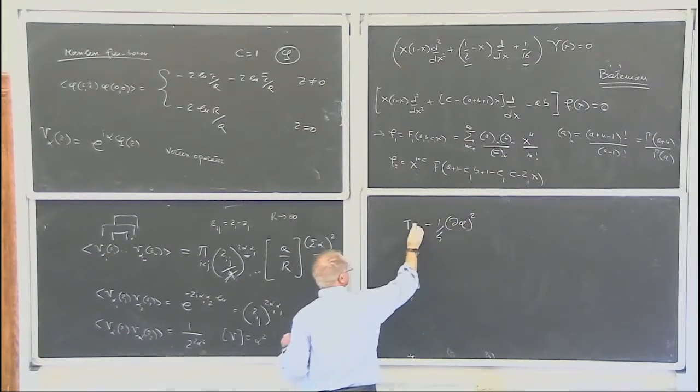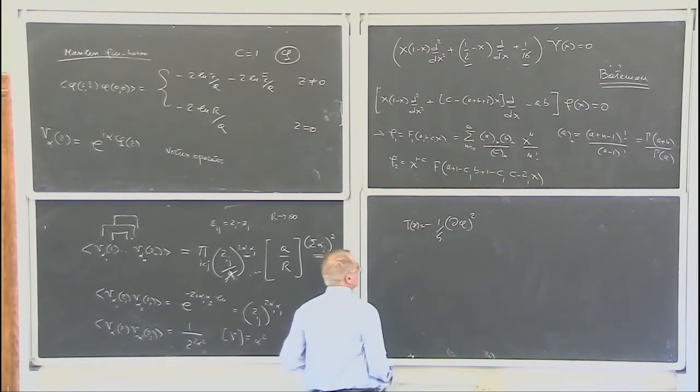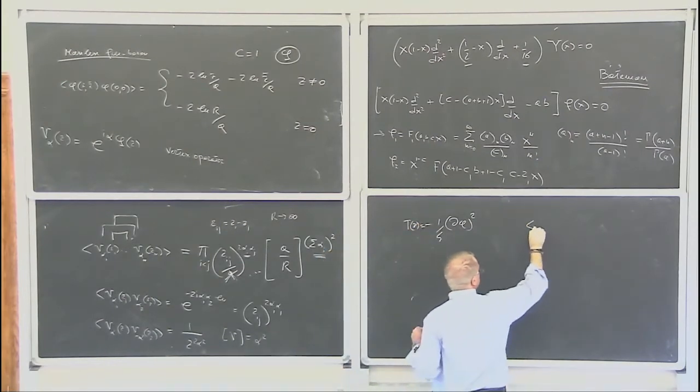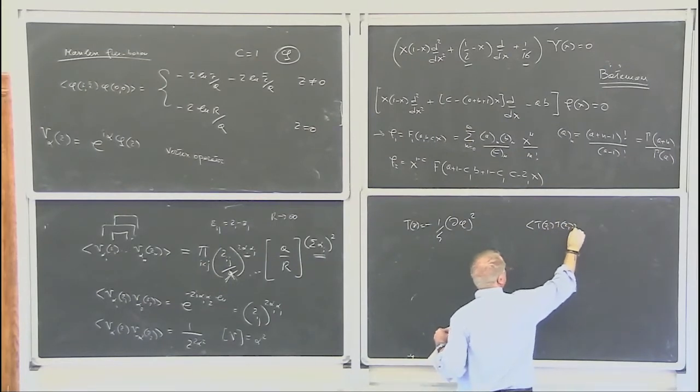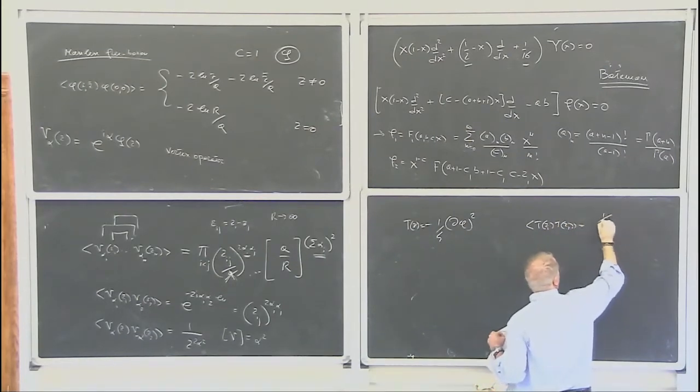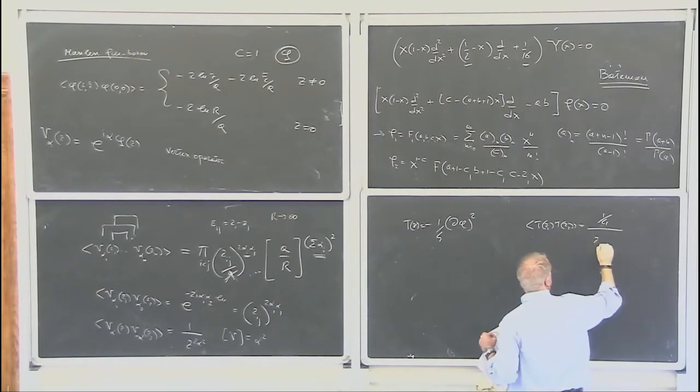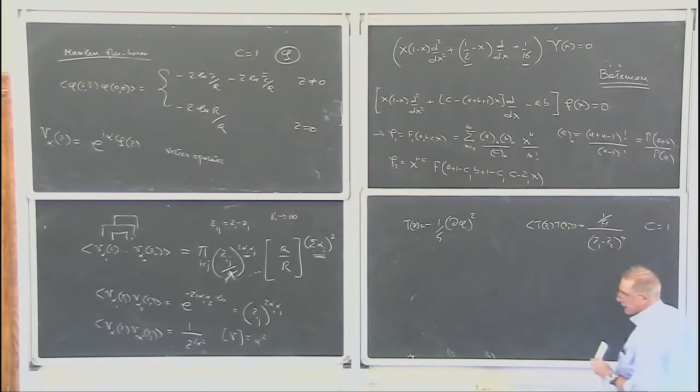So this is the z bar part. So if you compute T(z1) T(z2), you get 1 over 4 z1 minus z2 to the 4, therefore c equals 1.